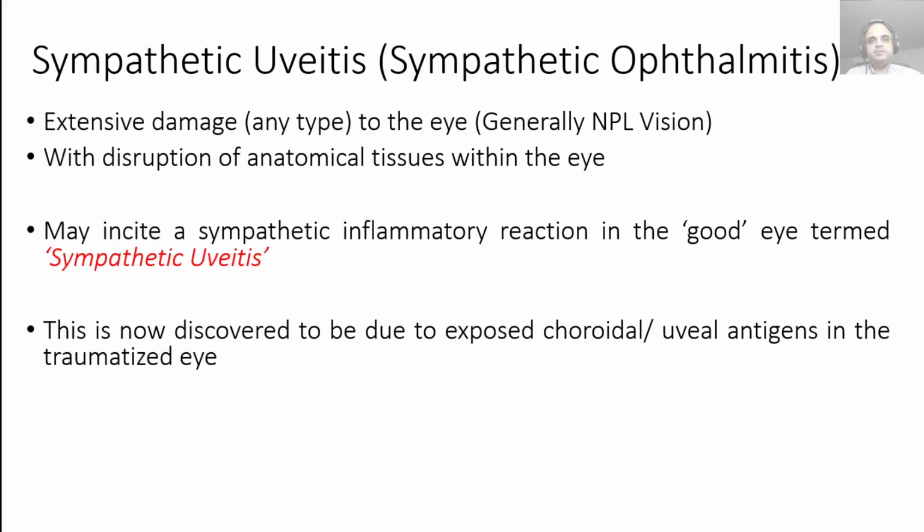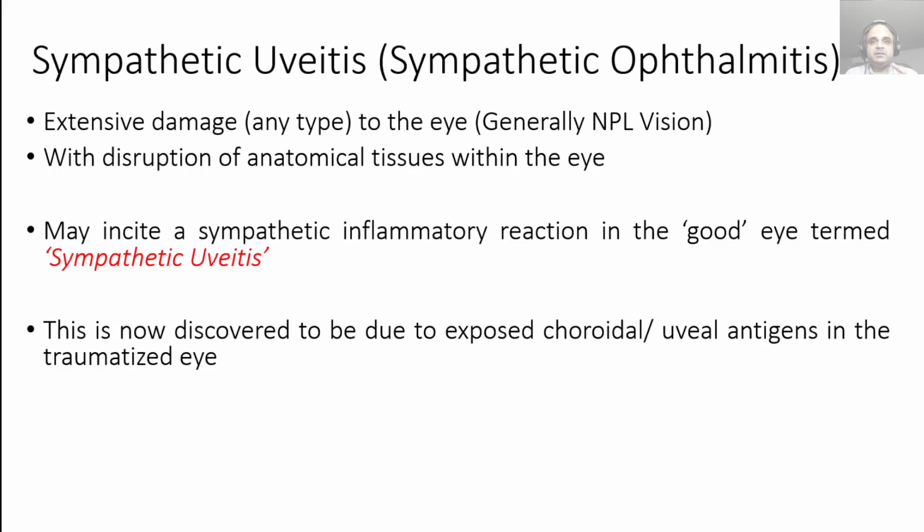Those antibodies may enter, through the blood circulation obviously, into the good eye if given the chance, and incite this inflammatory reaction. This is something similar to the phacogenic uveitis that we talked about when we were talking about complications of an unoperated cataract.